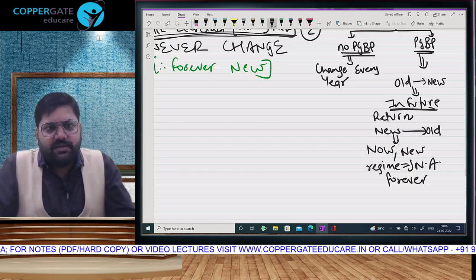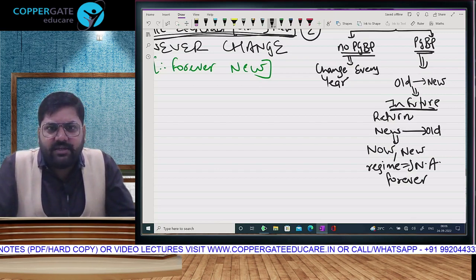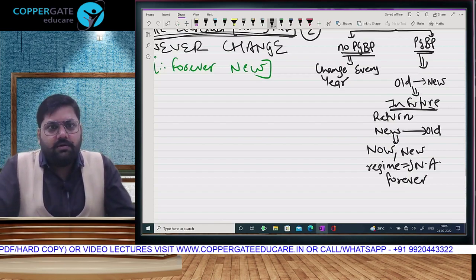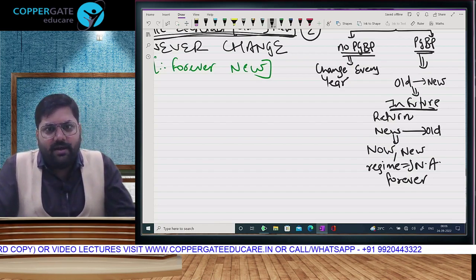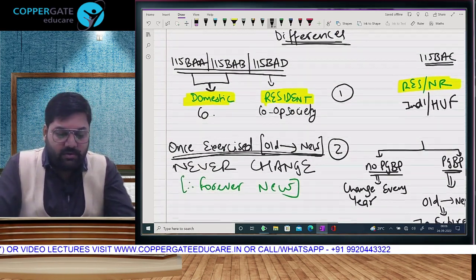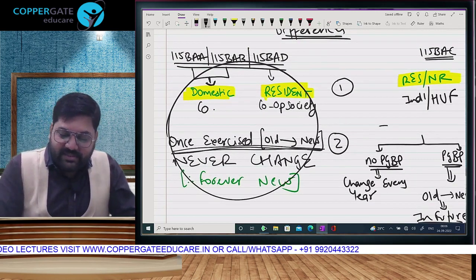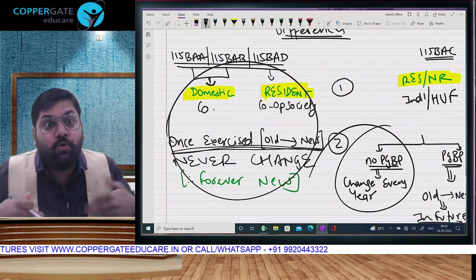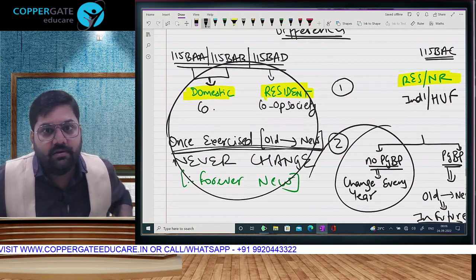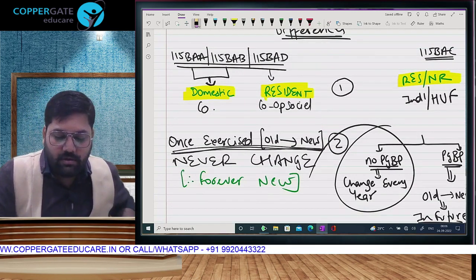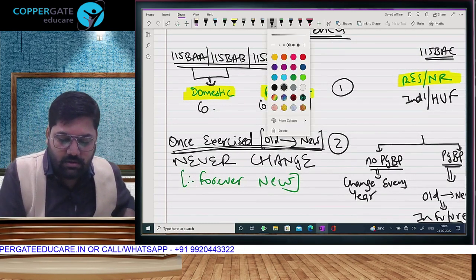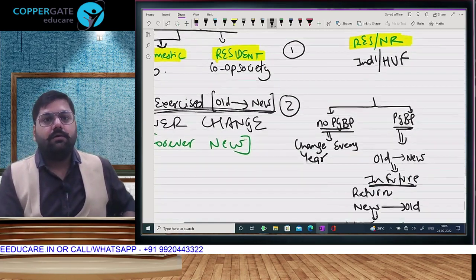After a few years, I am not comfortable with the new regime. Now I want to come back to the old regime. Will I be allowed? Because these guys are not allowed, and this guy is allowed every year. But I am talking about me, who has income under PGBP. Am I going to be allowed to come back?